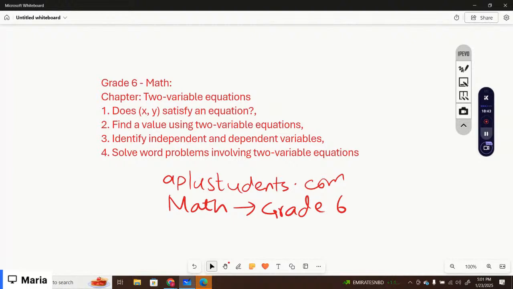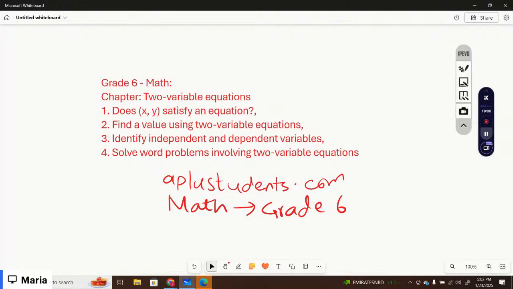We're going to start with chapter 2, two variable equations. The lessons we're going to cover today are: does xy satisfy an equation? Find a value using two variable equations. Identify independent and dependent variables.